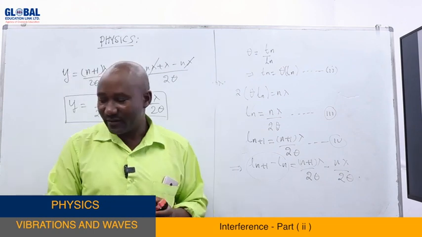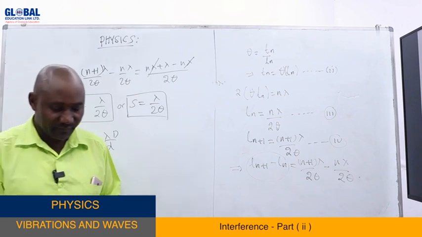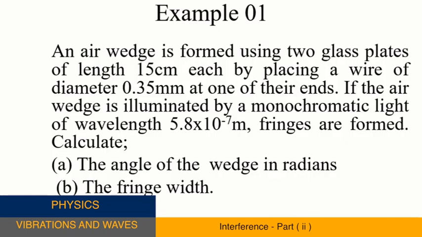Now, let's see the question. Example 1 is talking about the air wedge. We have an air wedge formed using 2 glass plates. The lengths of the plates are equal, 15 centimeters each. The way they are made, a wire is placed in between the two, a wire of a given diameter.